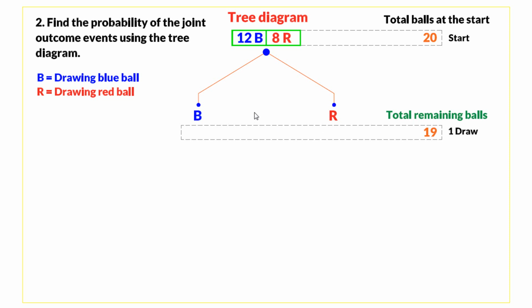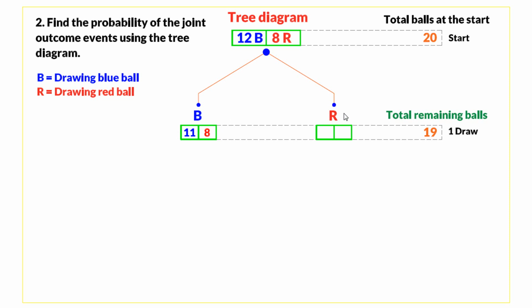We may pick blue or red, so let us create these cells to write the number of remaining balls after each withdrawal. So if we draw blue, then the number of remaining blue would be 11, that is 12 minus 1, and the number of remaining red will be 8, because we picked no red.